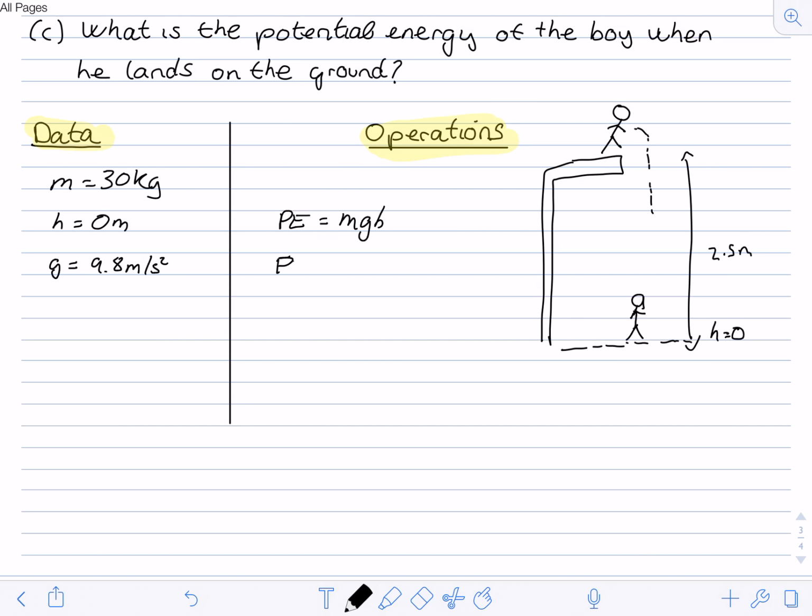So the potential energy is equal to 30 by 9.8 by 0, but anything multiplied by 0 is 0, isn't it? So 30 by 9.8 is 294, but multiplied by 0 is 0, so its potential energy is going to be 0 joules, as we said at the start of the tutorial, okay?